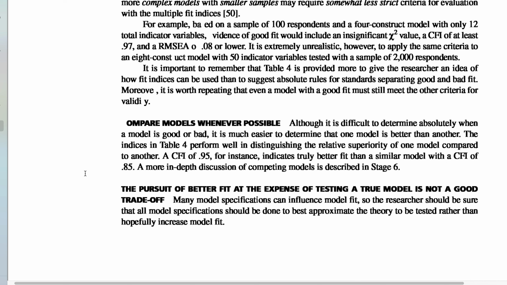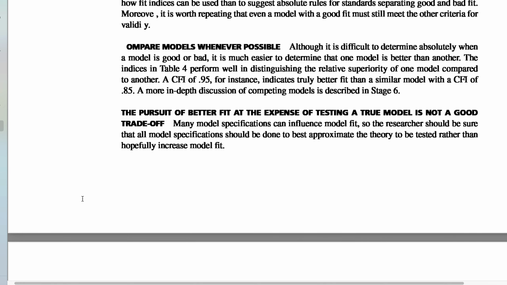The indices in Table 4 perform well in distinguishing the relative superiority of one model compared to another. A CFI of 0.95, for instance, indicates truly better fit than a similar model with a CFI of 0.85. A more in depth discussion of competing models is described in Stage 6.